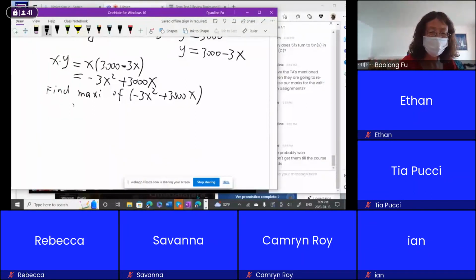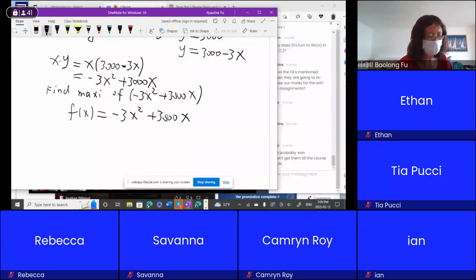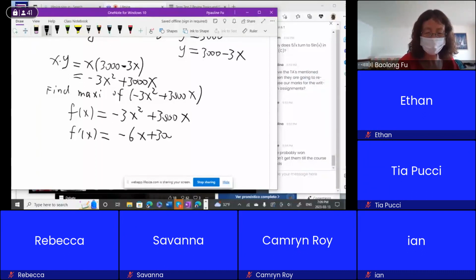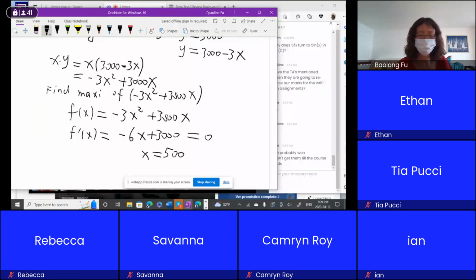Okay, so if we use f of x equal to negative 3x squared plus 3,000x, how do you find the maximum? You take the derivative of this function, right? You take the derivative and let the derivative equal to 0, so you solve for x. Any questions?